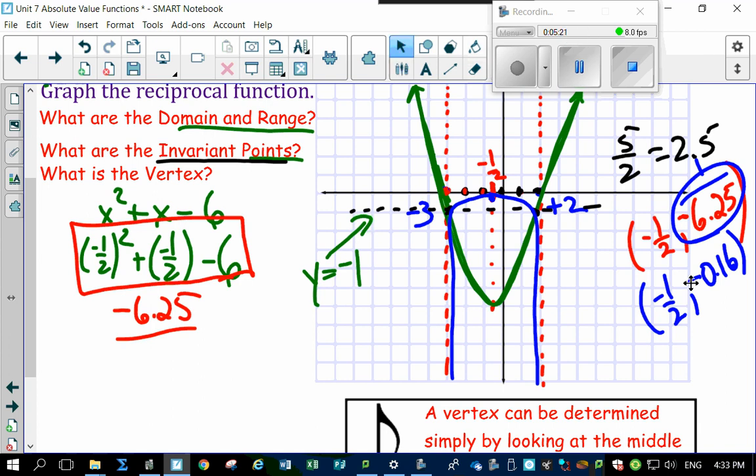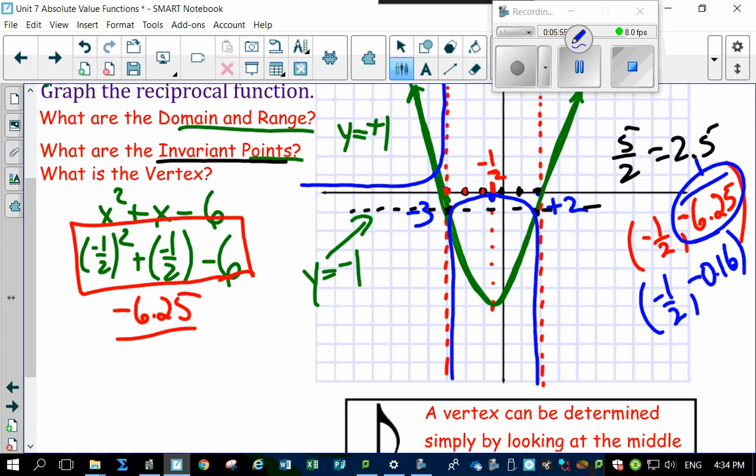Now, your other portion of your graph is when you got your other invariant point, which is at plus 1. Now, granted, we're not giving the exact values of the invariant points. We'll do that in the next podcast. But what's cool here is this. Look, right here is the other invariant point. So you know that this is a graph going up in this direction, which means you start here close to your non-permissible value, which of course is your asymptote, and you go out here and there.